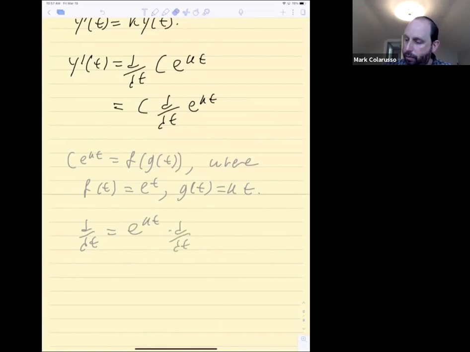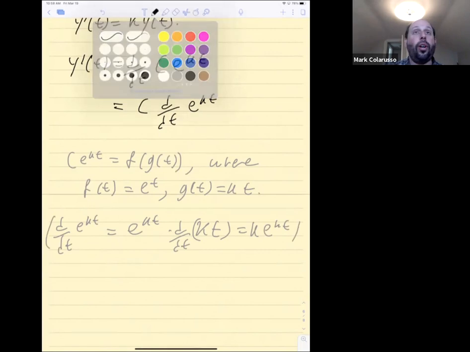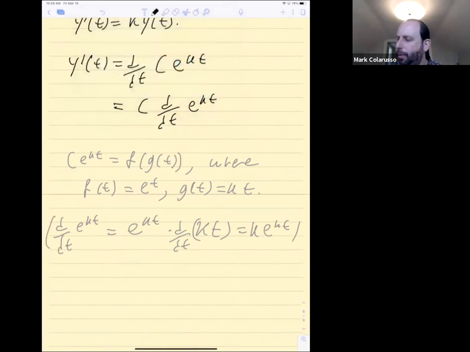Oh, sorry, I should write out the function on the left-hand side as well. The derivative of e to the kt is e to the kt times the derivative of k times t, and that's just k. So it's just k e to the kt. So that's from our formula from before test 2.